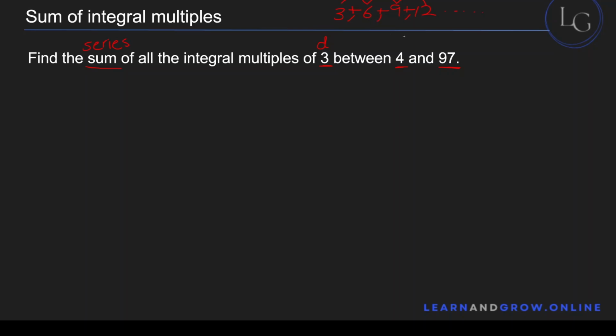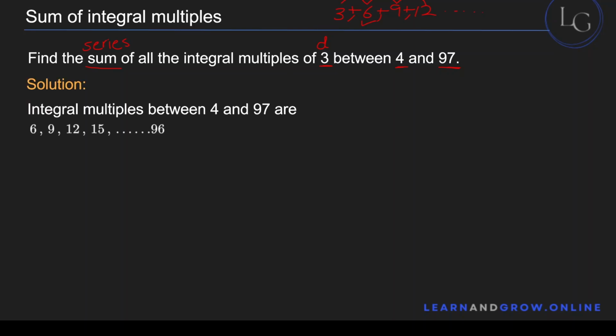So the first multiple of 3 between 4 and 97 is 6. So a1 will be 6 over here. And the last number before 97 that is a multiple of 3 is 96. So 96 is the last number.